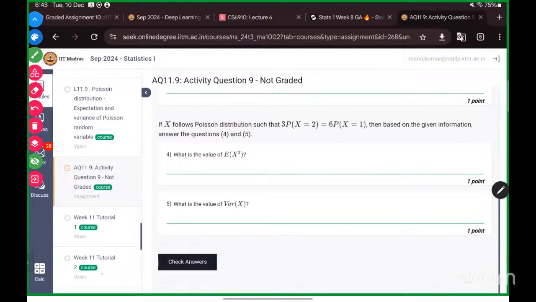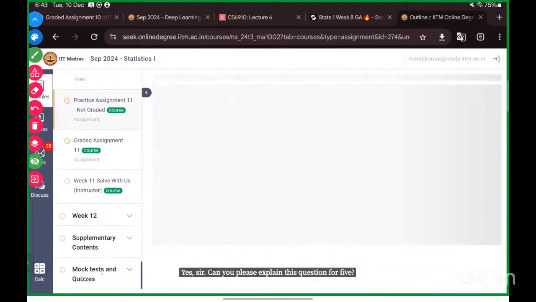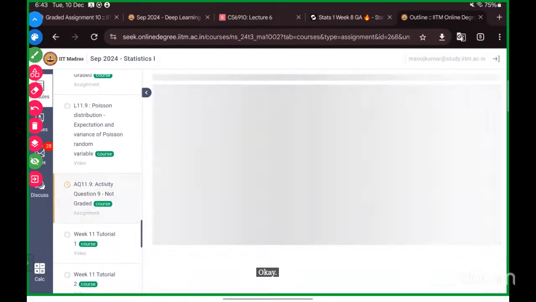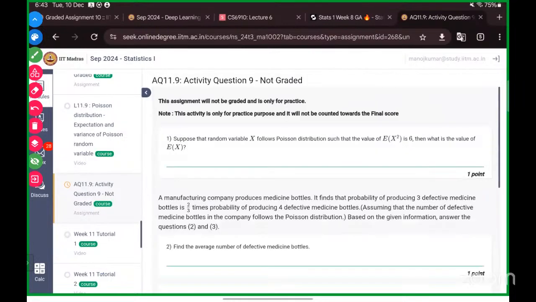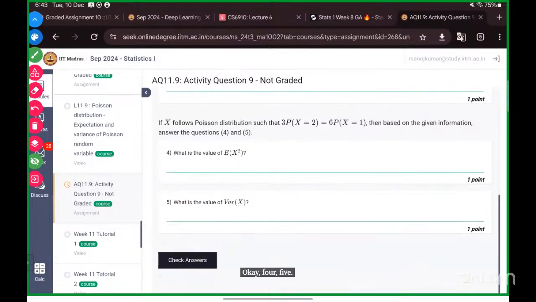Yes, sir. Can you please explain this question 4, 5? The Poisson distribution. Okay, so they are asking how to solve this.